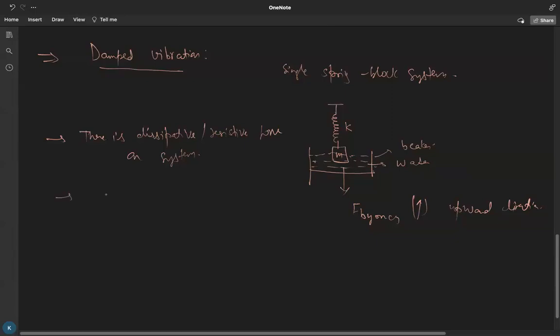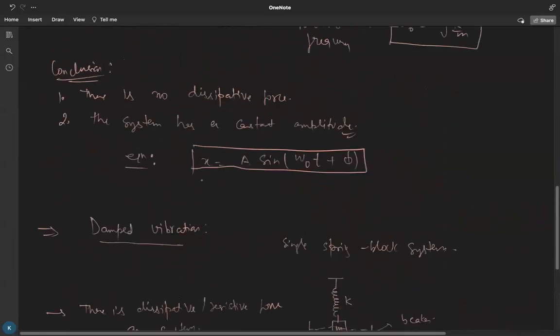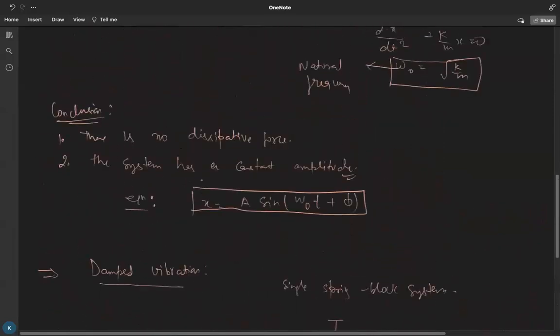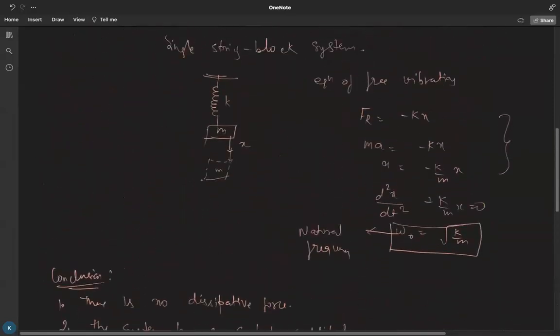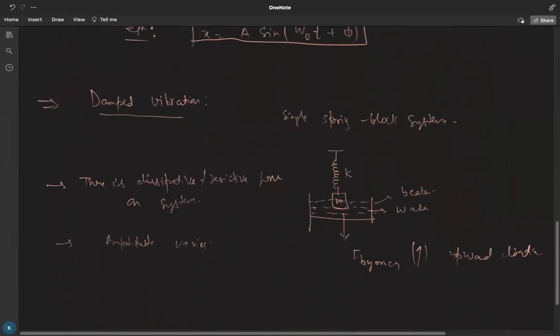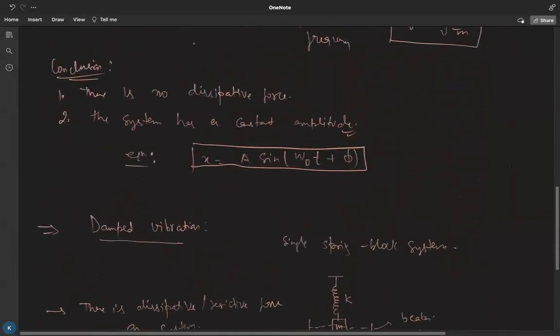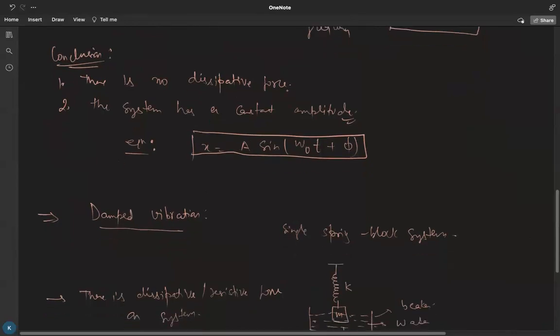So actually the amplitude varies because क्योंकि रेगुलरली डिसिपेटिव फोर्स लग रही है तो एम्पलीट्यूड वेरीज करेगा, यहाँ पे एम्पलीट्यूड कांस्टेंट नहीं रहेगा. So the difference between the free vibrations and the damped vibration is कि वहां पे क्या था, वहां पे कोई dissipative force नहीं थी, तो the system has a constant amplitude.